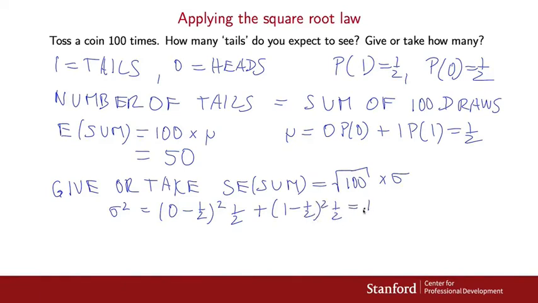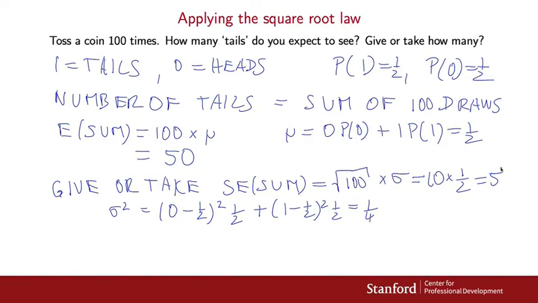And we find this is 1/4. So now, since we are looking at sigma, not sigma squared, we get 10 times 1/2 instead of 1/4, and that is 5. So our answer would be that we expect to see 50 tails, give or take 5.